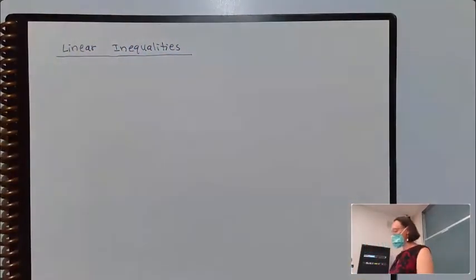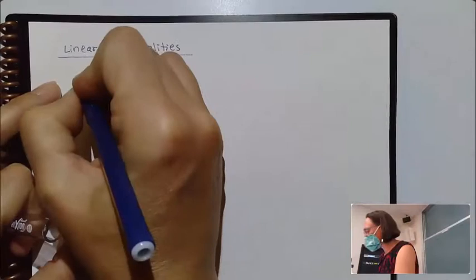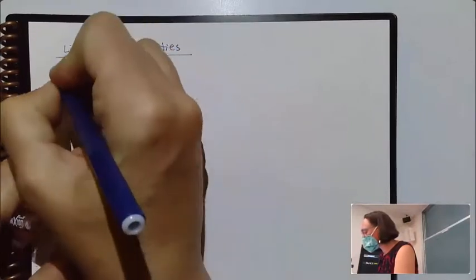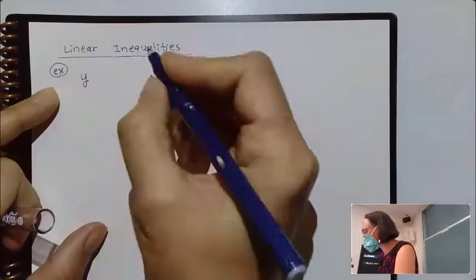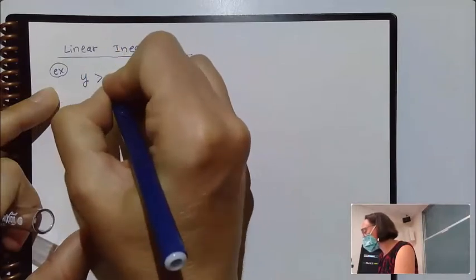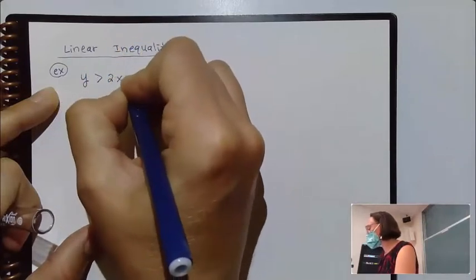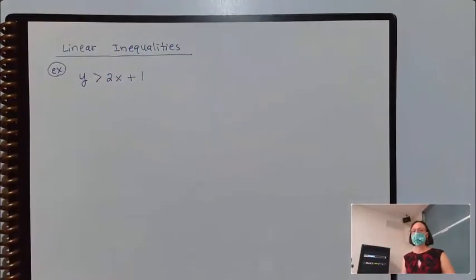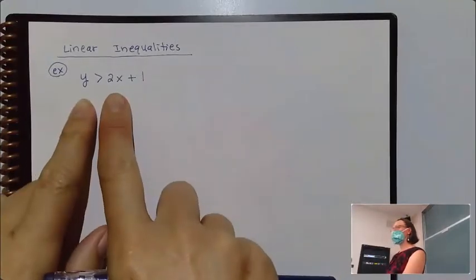So if I'm graphing a linear inequality, that might look like, let's say I've got y is greater than 2x plus 1. So this is just telling me that I want to include every possible solution to this equation.